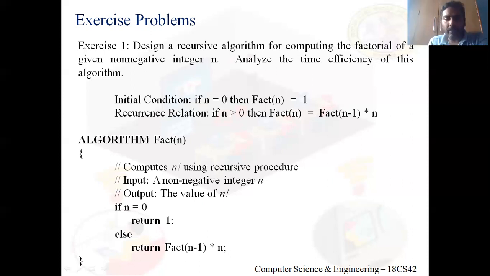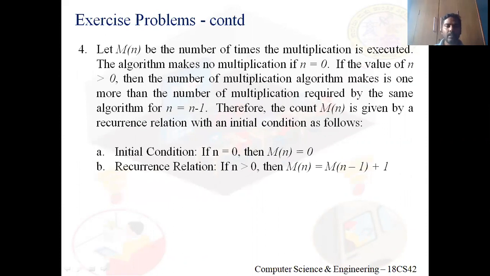Now the fourth step: what does it say I need to set up? Not a summation. In this case, I need to set up a recurrence relation for the basic operation, I mean a recurrence relation for multiplication. Be clear, be cautious. Let me assume there is some function m of n.